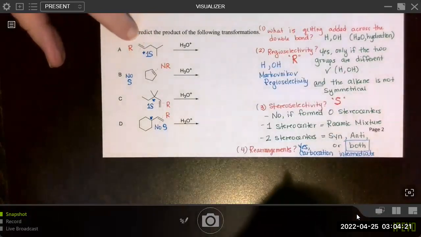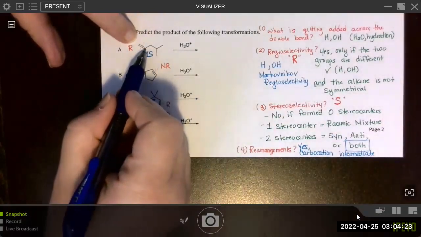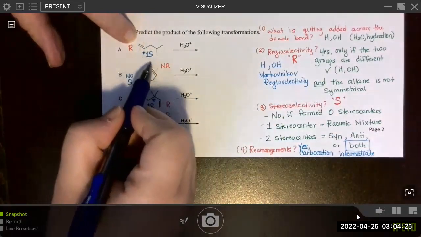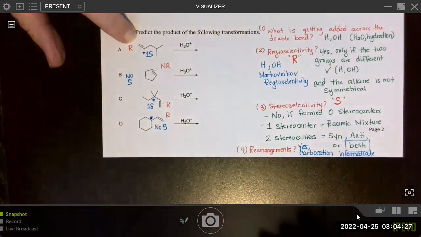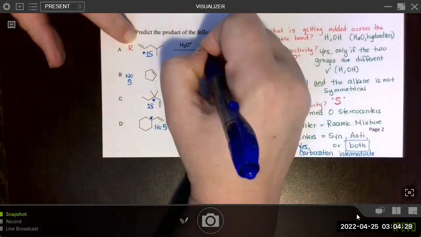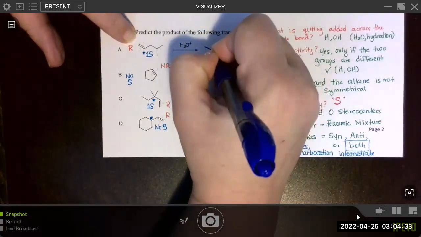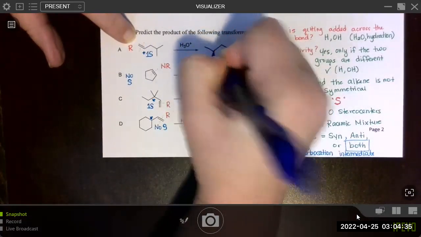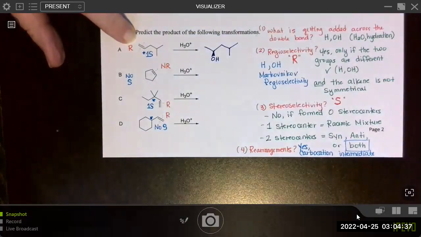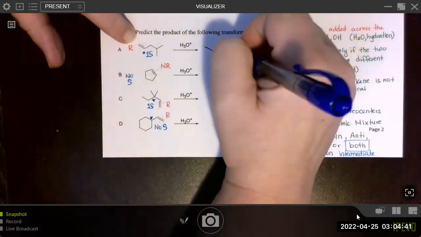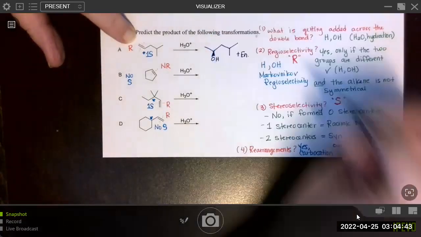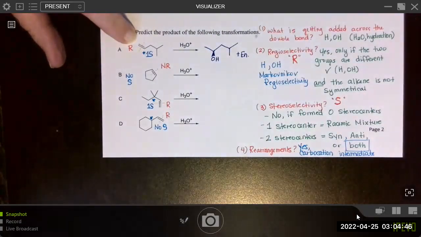Okay, now I think we can finally start drawing our products. So we want to add in the OH group at the more substituted carbon, and it's forming a stereocenter, so make sure to draw a racemic mixture. One way to indicate a racemic mixture is just to go ahead and draw one of the enantiomers, and then draw just plus enantiomer to signify that we also get the racemic mixture.